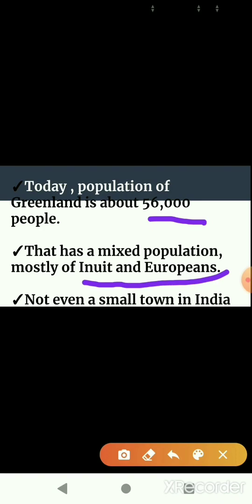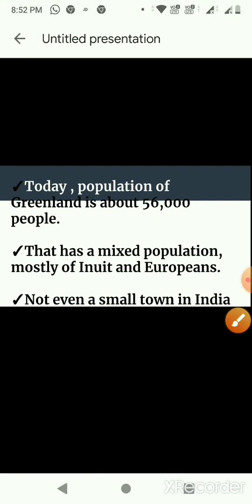This population of 56,000 people is a lot less when compared to even a small town in India. Even a small town in India will have more population than 56,000 people, isn't it children? So you can see what a small settlement it is.